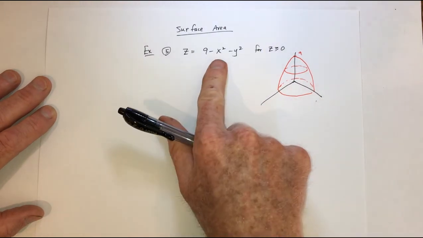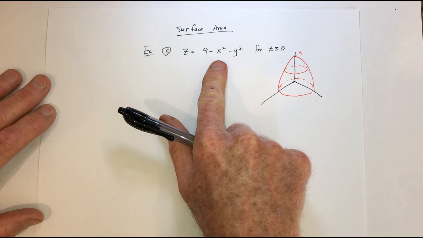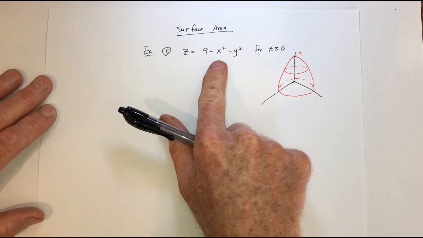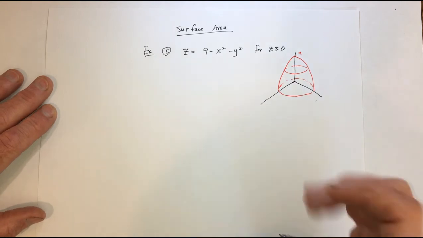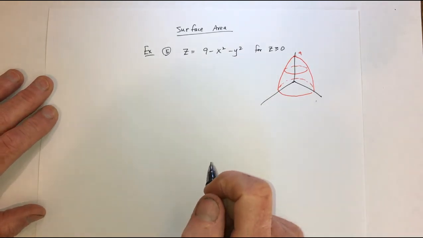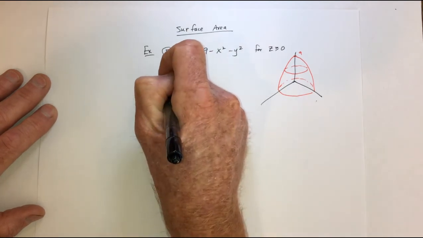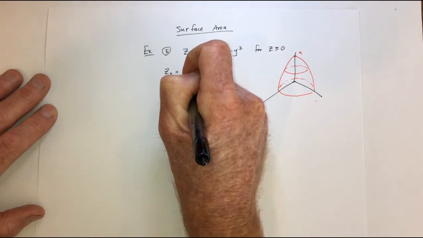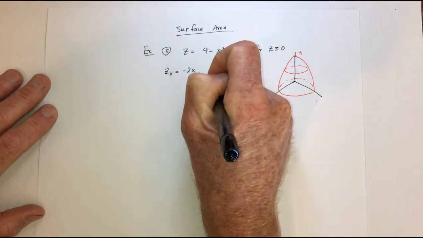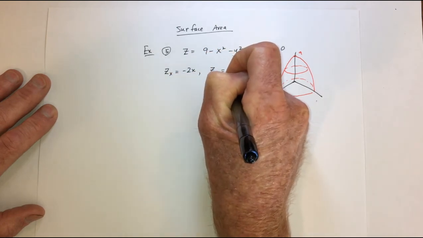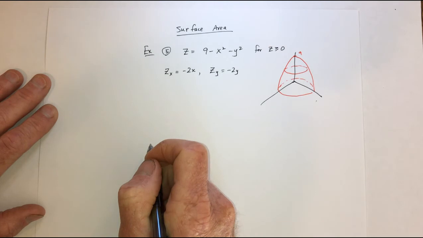So right now this is not in parametric form. So the way that we did it in the past is you take the derivative with respect to x, you take the derivative with respect to y, you square those, add 1 and put it in a square root. So the derivative with respect to x is going to be negative 2x. The derivative with respect to y will be negative 2y.